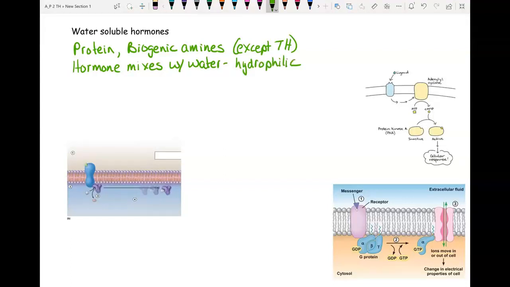This is important because hormones travel in the blood, and blood is mostly made of water. So with your water-soluble hormones, they have no trouble traveling in the blood. They travel in the blood just fine.